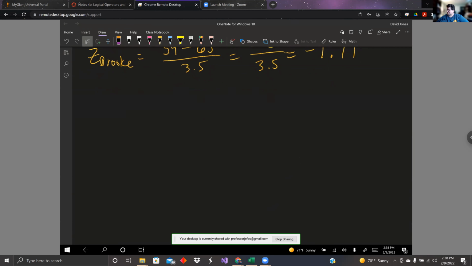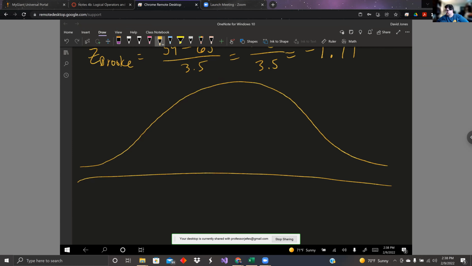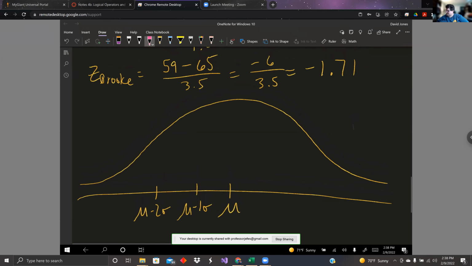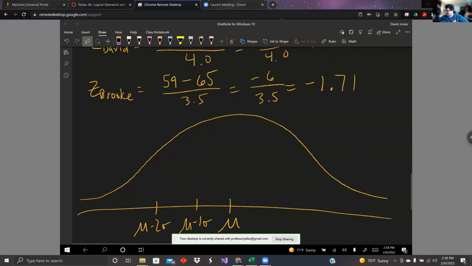We'll do our little bell curve again. That's kind of a lame looking bell curve, too flat. There's mu minus 1 sigma. There's mu minus 2 sigma. Negative 1.71 is a little bit closer to the negative 2.